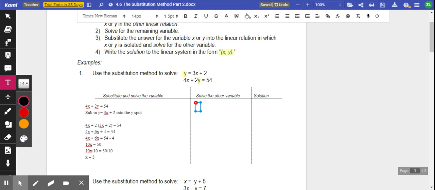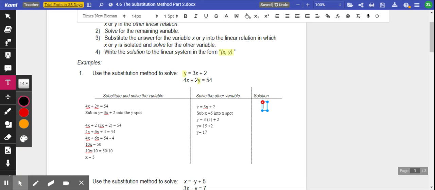And now we know over here, since we have x is 5, we can sub it into the first or the easier of the equations for the x spot. So sub x equals 5 into the x spot. So it would look like y equals 3 times 5 plus 2. y equals 3 times 5 being 15 plus 2. And 15 plus 2 being 17.